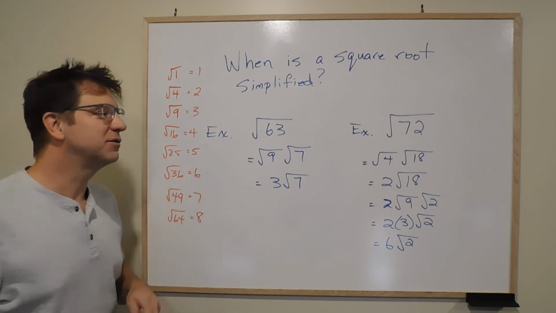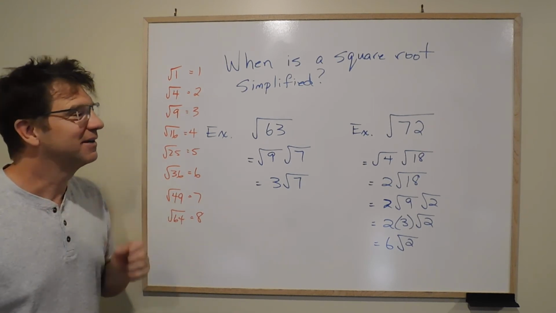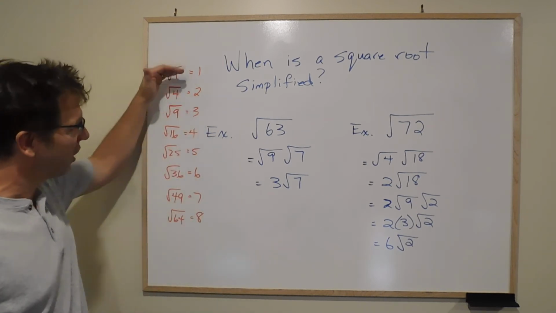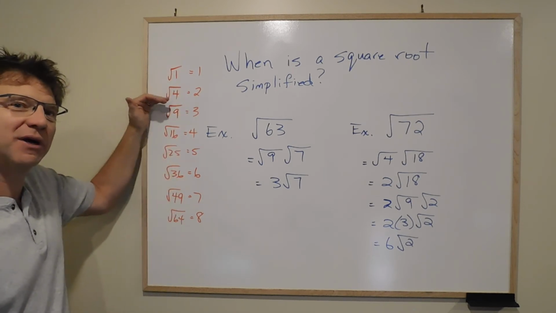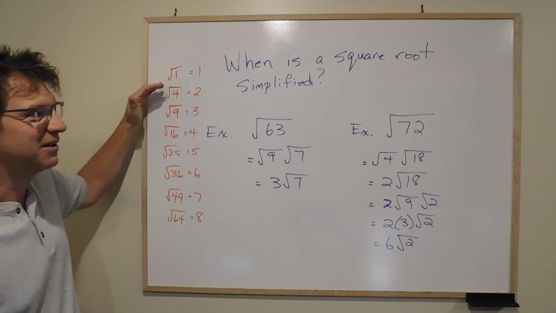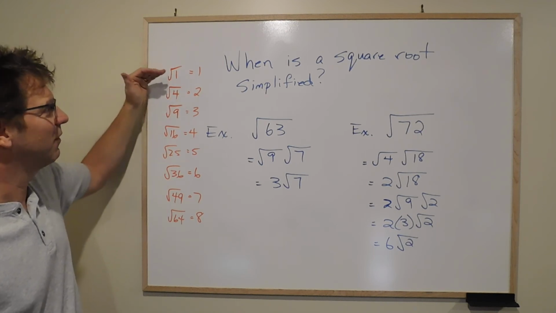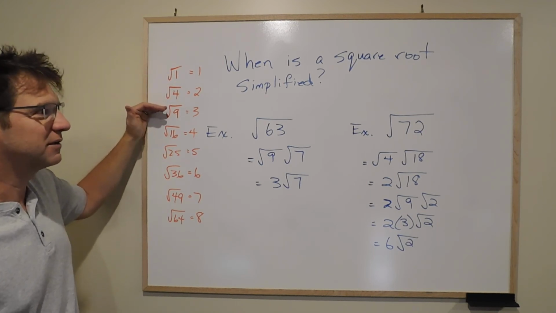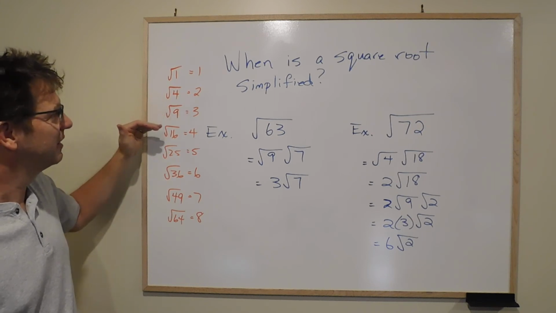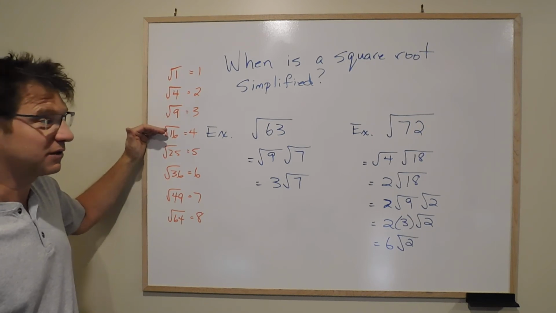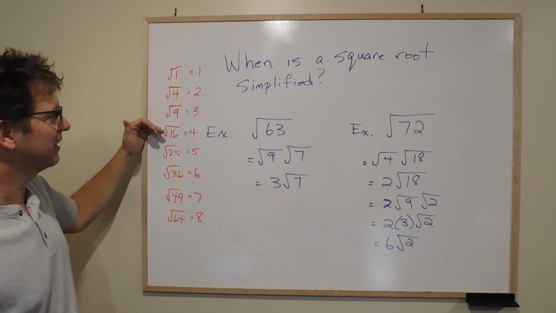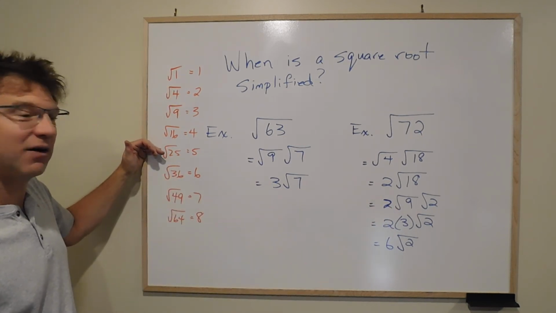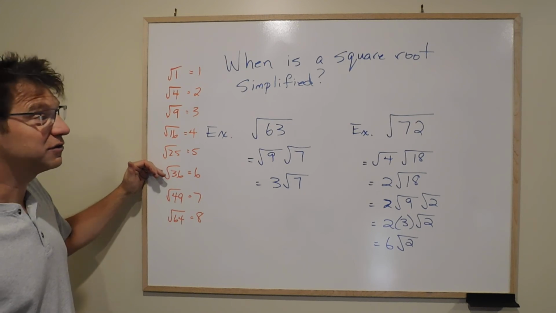Now, the reason I took 2 steps is because I didn't take the largest number that would go out. I just took the first one I saw, 4. Hey, 4 works, excellent. But I didn't take the largest. If I had kept going, 9 also works, because 9 times 8 is 72. 16 doesn't work. 25 does not work. 36 also works.